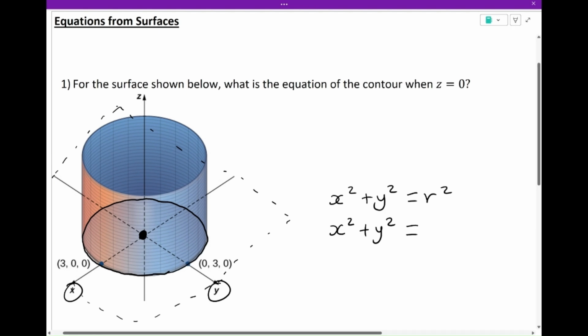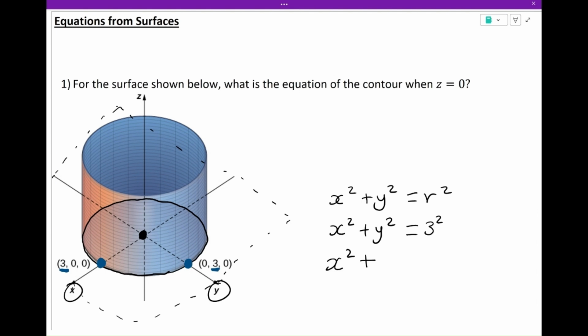I know that this point down here is on it, and this point over here is on it. You can see that the y coordinate here is 3, and the x coordinate here is 3, so that implies that the radius is going to be 3. So for r squared, we'd write 3 squared, or you could write 9 if you wanted to. That would be the equation of my contour.